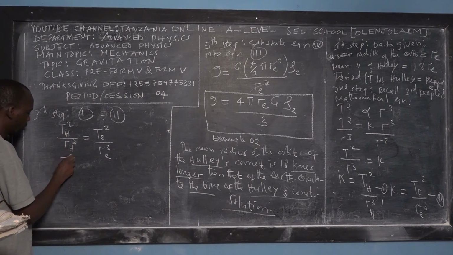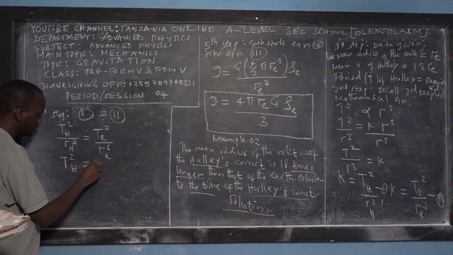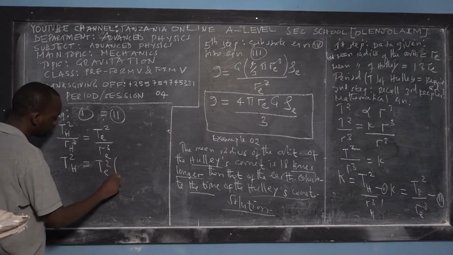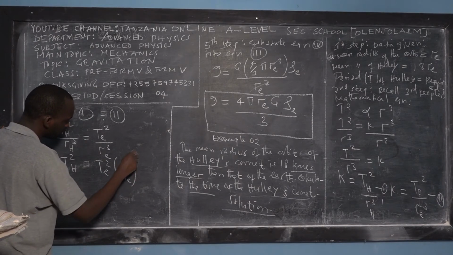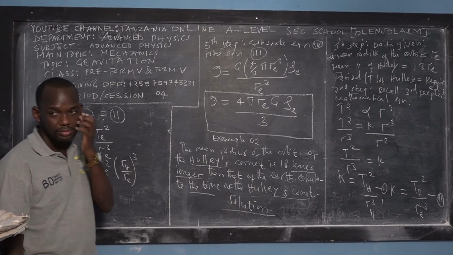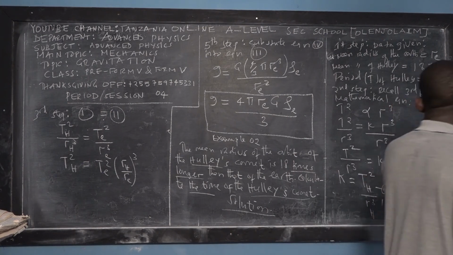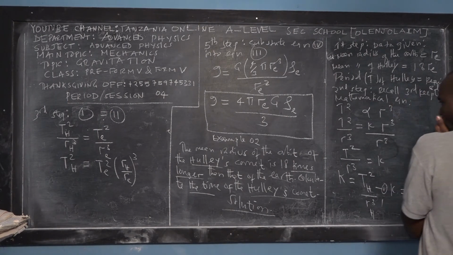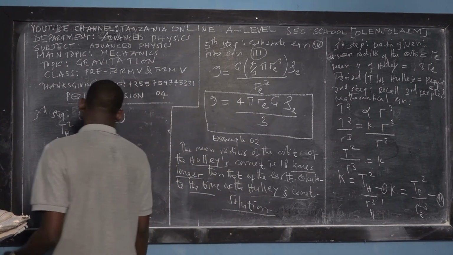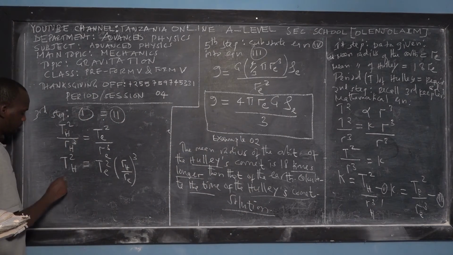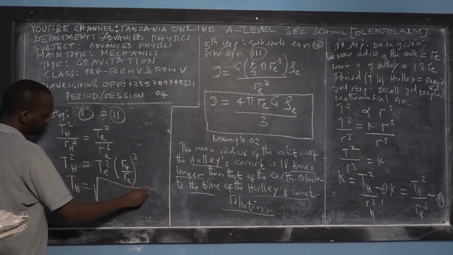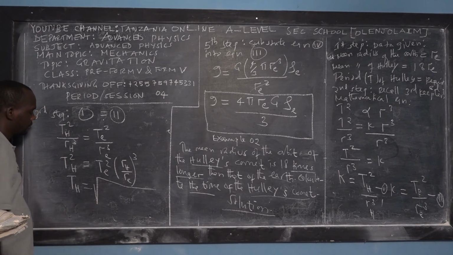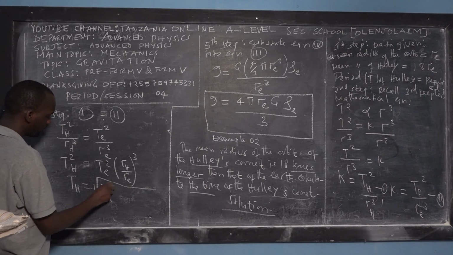So the period squared of Halley will be equal to the period of the Earth squared times the radius of Halley over the radius of the Earth cubed. So the period of Halley is the square root of what?